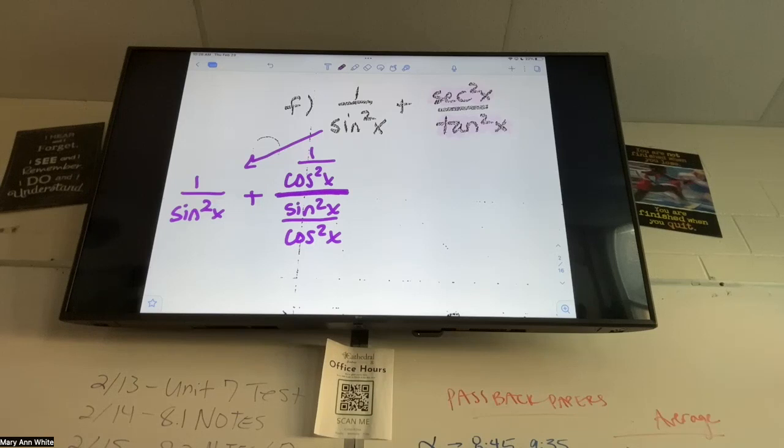What should I do next? Yeah, let's get rid of this big ugly fraction, right? I'm actually gonna deal with that off to the side so I don't mess anything else up. I'm gonna do 1 over cosine squared x times the reciprocal, so it's gonna be cosine squared over sine squared.